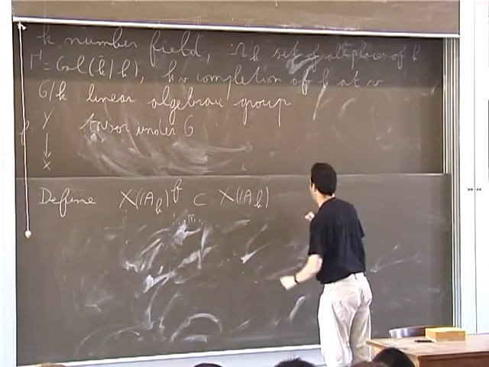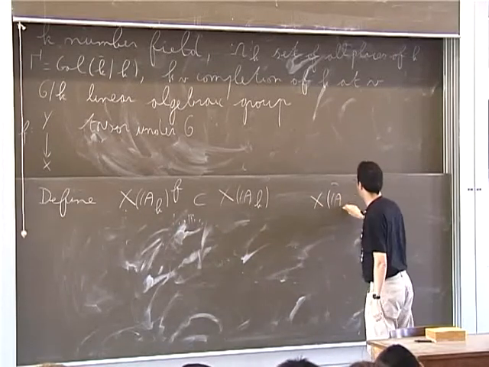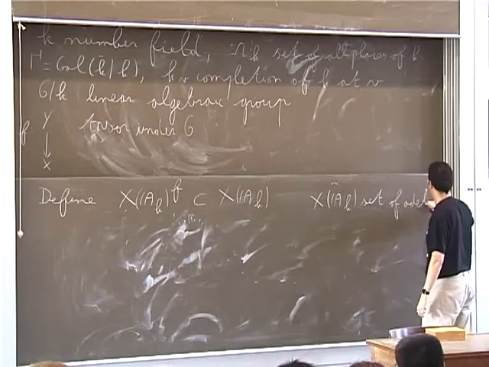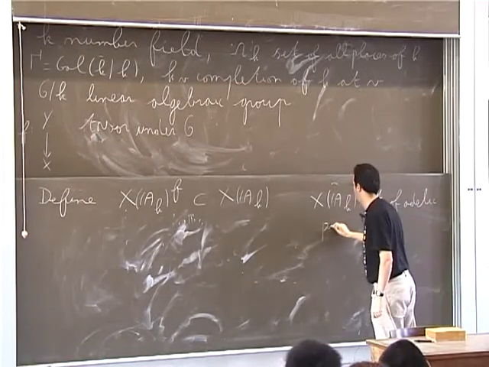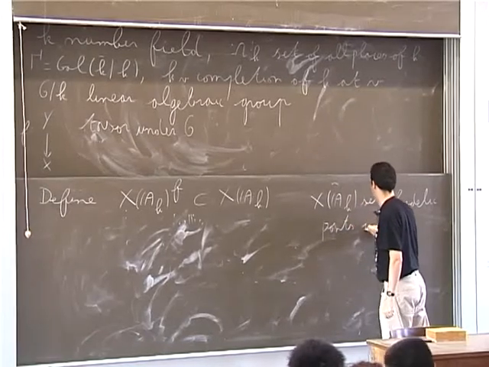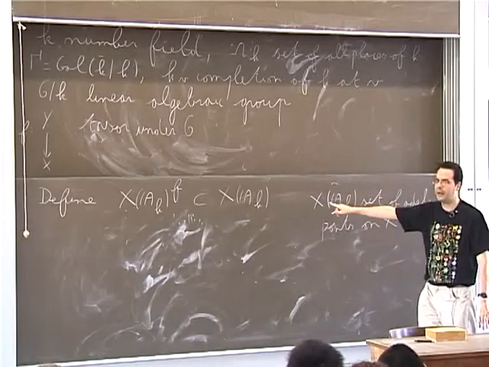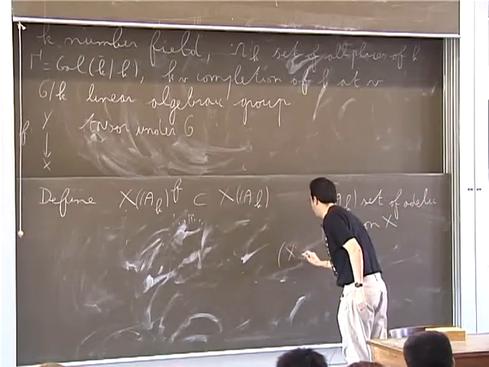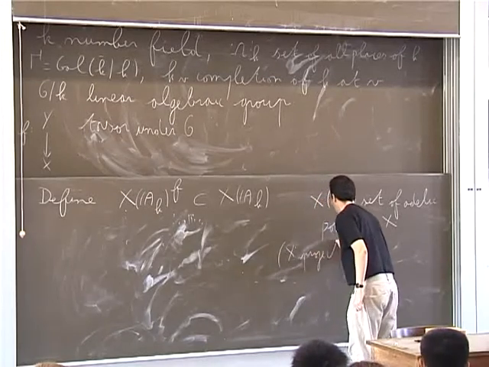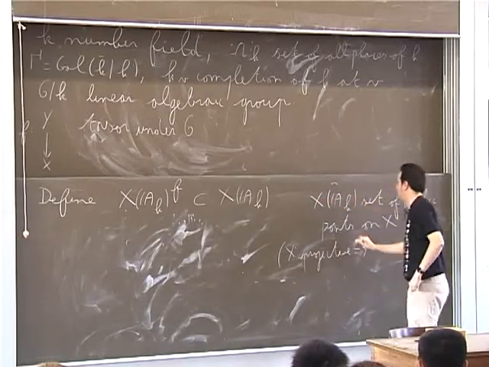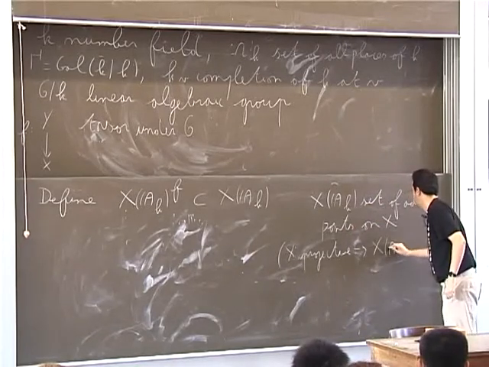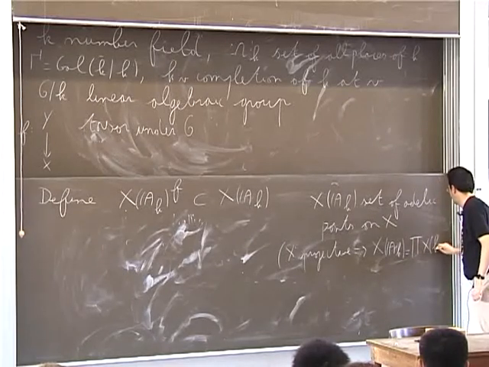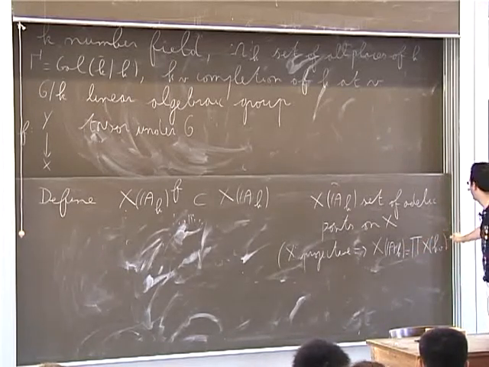And recall that X of A_K is just the set of adelic points on X. X is a variety, and the simplest case is when X is projective, or proper if you prefer. So if X is projective, this set of adelic points is just the product of the local points, X of K_v, running over all completions.